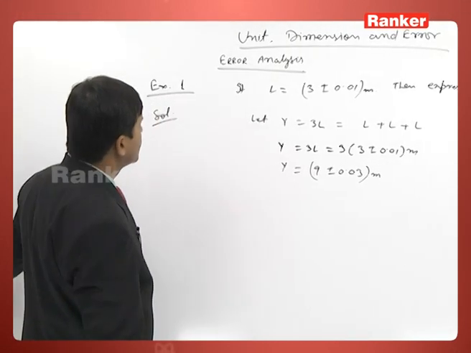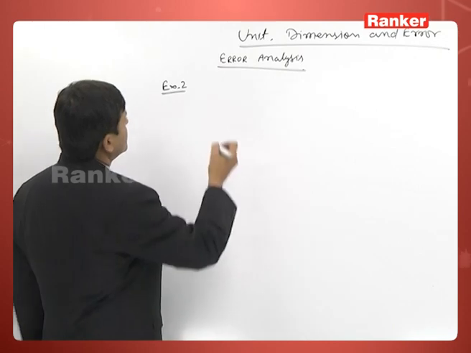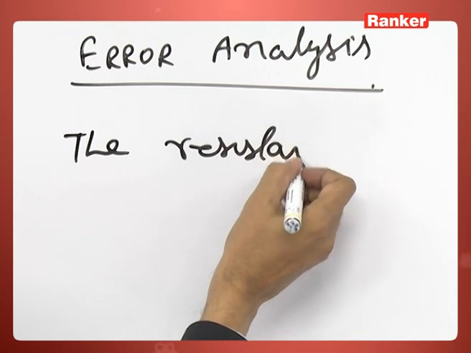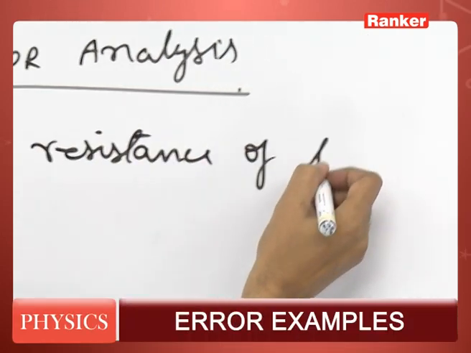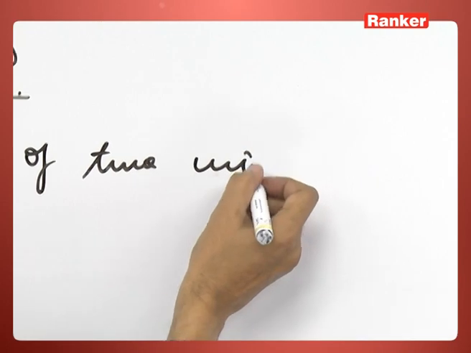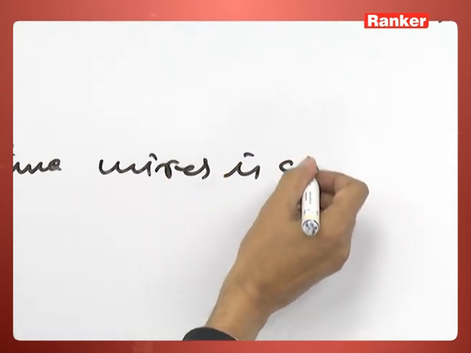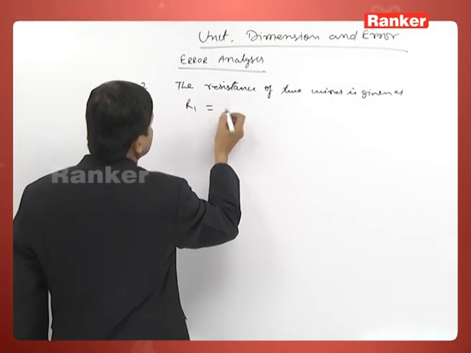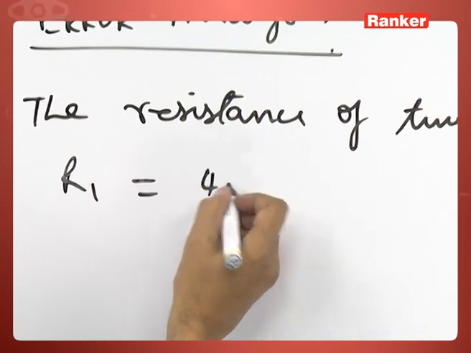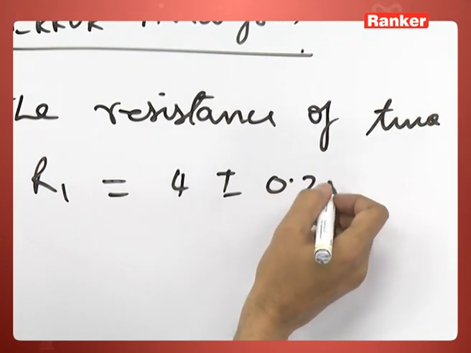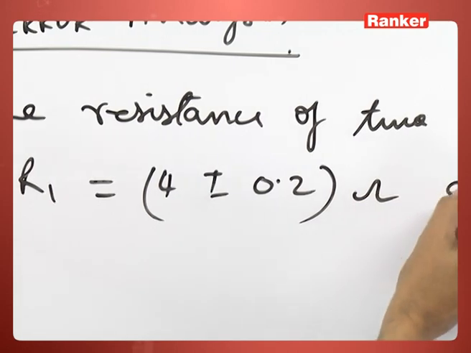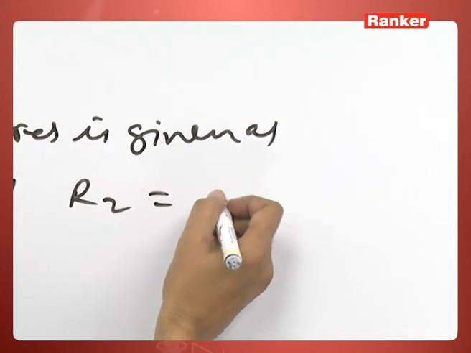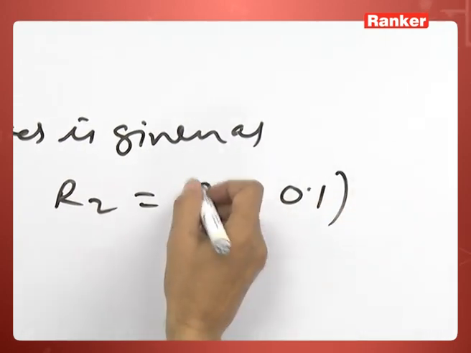Now similarly see another example. The resistance of two wires is given as R1 is equal to, let's say, 4 plus minus 0.2 ohm and R2 is equal to, let's say, 8 plus minus 0.1 ohm.